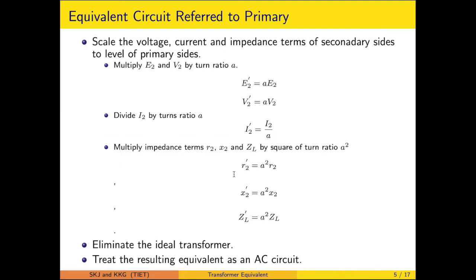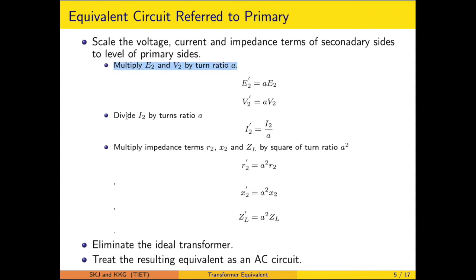So in this particular scaling, because we have to refer the equivalent circuit to the primary, this is the broad step. Now please be mindful that we have defined the turns ratio previously as a is equal to N1 upon N2. So when we obtain the equivalent circuit referred to the primary, we will multiply the secondary voltage term by the turns ratio.